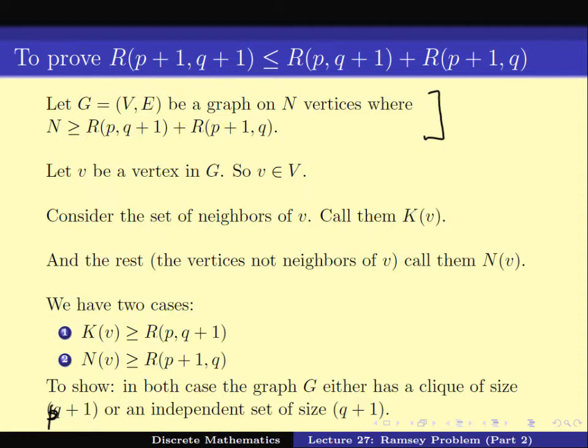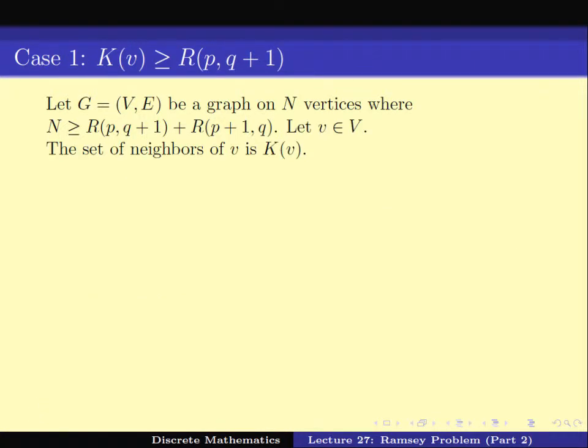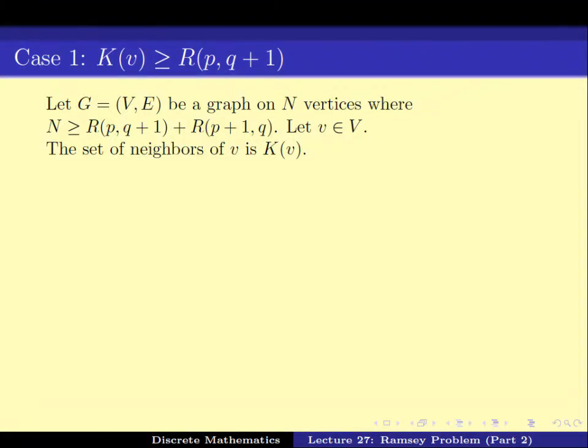And this is exactly what we wanted to prove in the first place. Right? So we will go by proving it case by case. So to start with, let's start with the first case, namely K_V is greater than or equal to R(P,Q+1). Now let's look at what's going on before I start with the explanation.